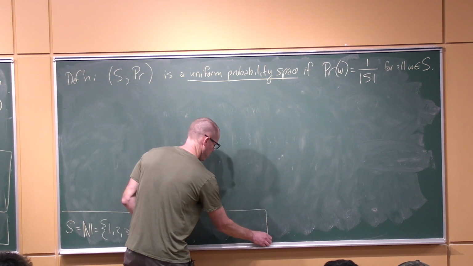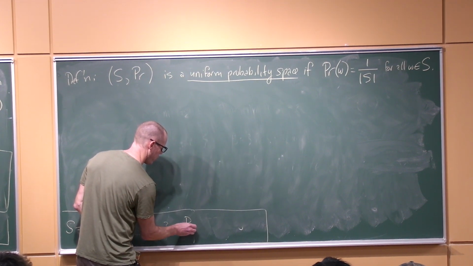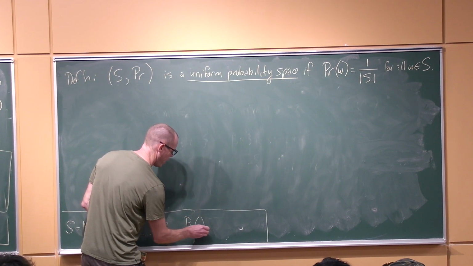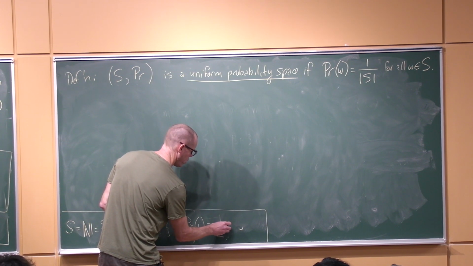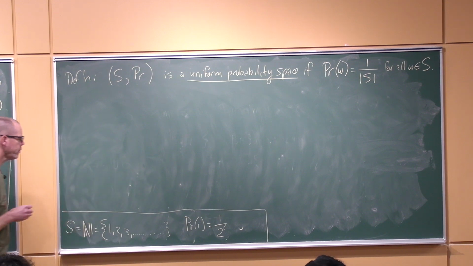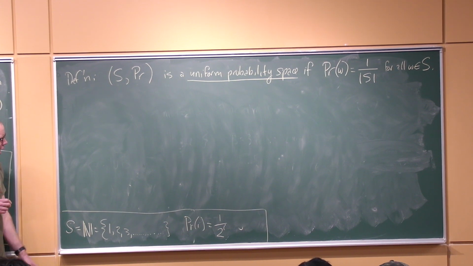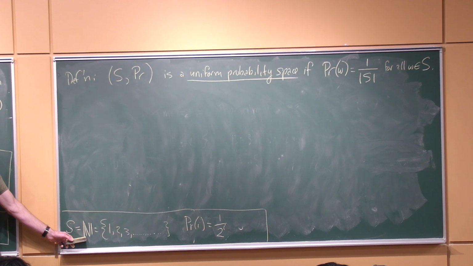And you use the probability function: the probability of i is equal to 1 over 2 to the i. You can check that this satisfies the definitions of a probability space.